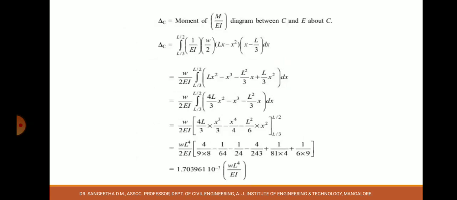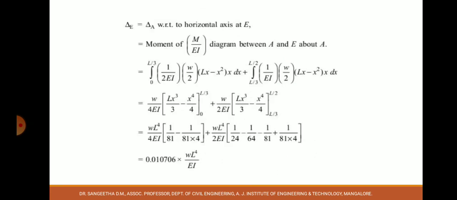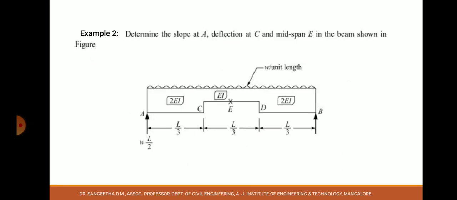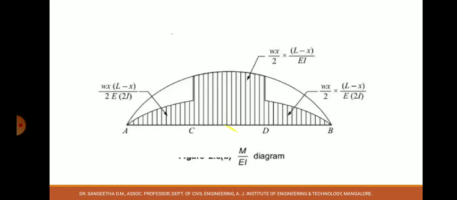So now the deflection at C. The moment of the M by EI diagram between C and E about C. Here, this is point C, this is point E. M by EI diagram between C and E, and you are taking moment about C. So this is the area.